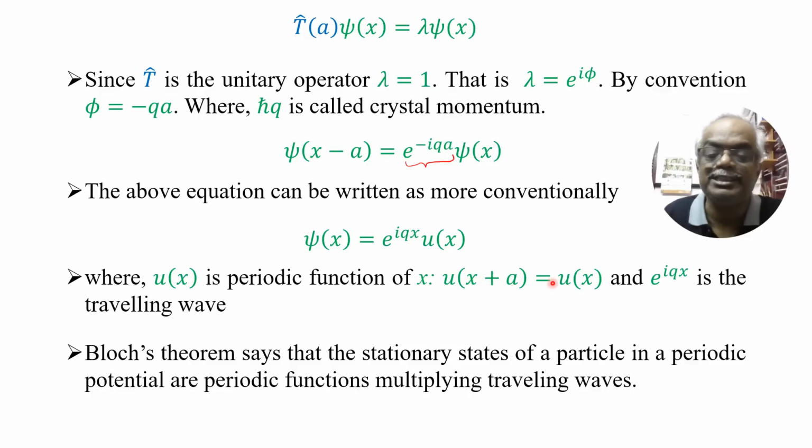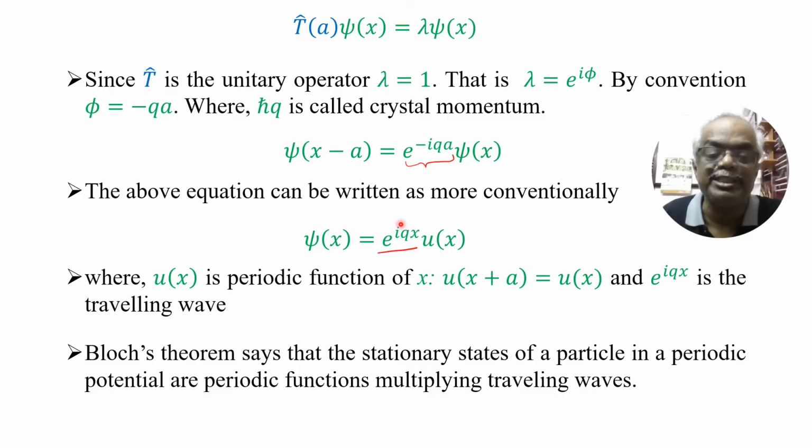u of x plus a is equal to u of x, because you have periodicity in the crystal system. Here e to the power i q x is the traveling wave. Remember that. What we have seen at the beginning, Bloch's theorem says that the stationary states of a particle in a periodic potential are periodic functions multiplying the traveling wave.